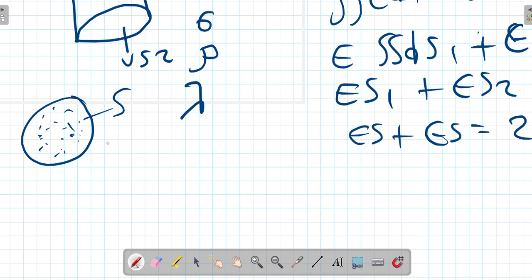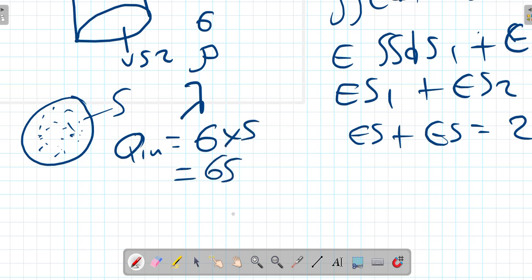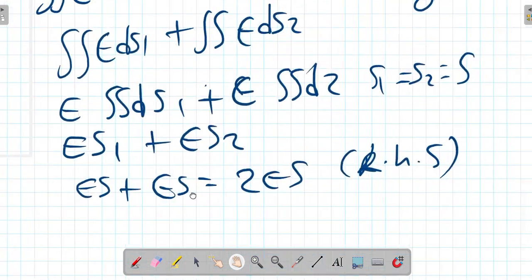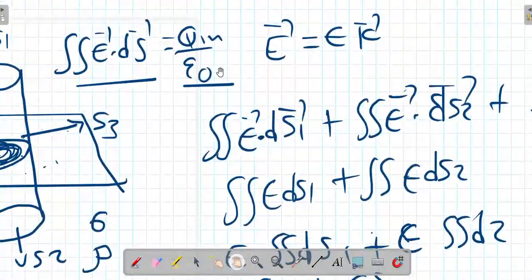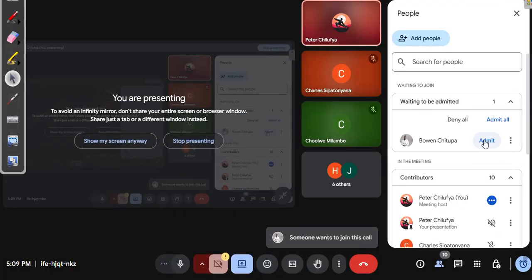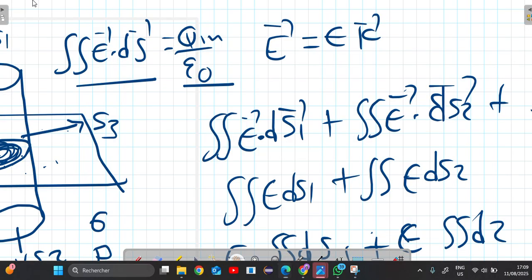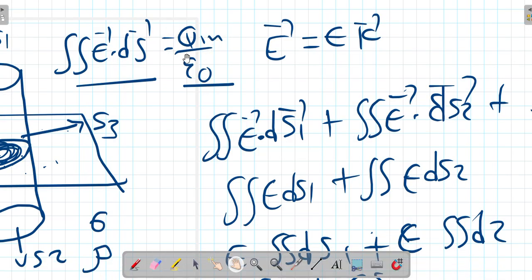The charge inside, Q_in, is equal to the surface density multiplied by S. You just multiply by the surface, so sigma S. From the equation, our right hand side has Q_in over epsilon 0.